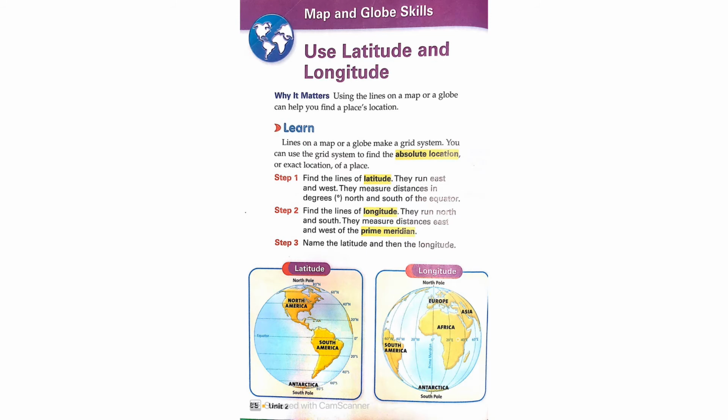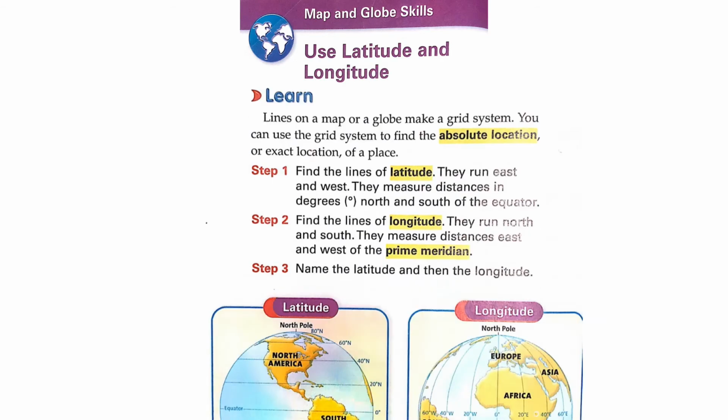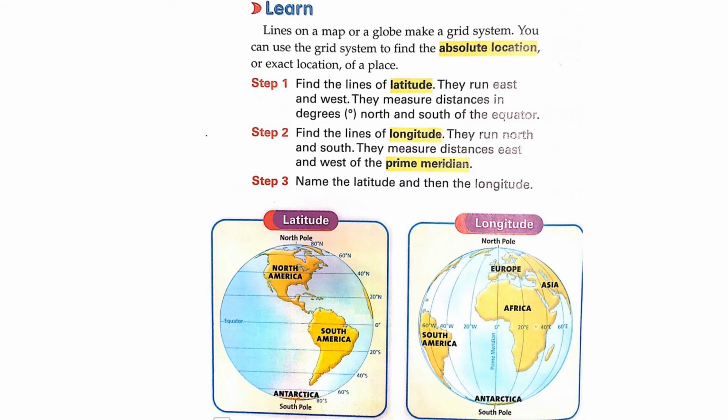And right here on this page, we're going to see how you can use latitudes and longitudes. Now, this is very easy to remember, trust me. If you forget what a latitude is, just remember that latitude is like a cafe latte, like you see those layers on a coffee latte. That's your latitude.